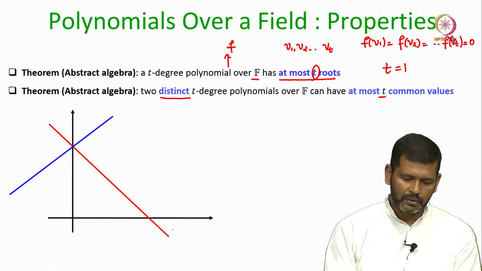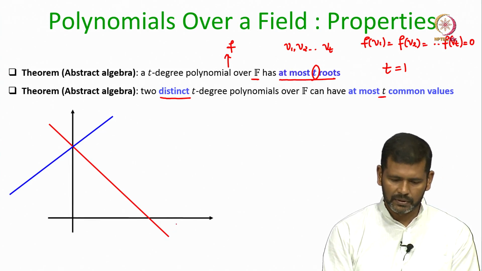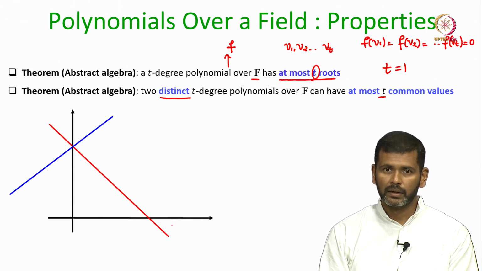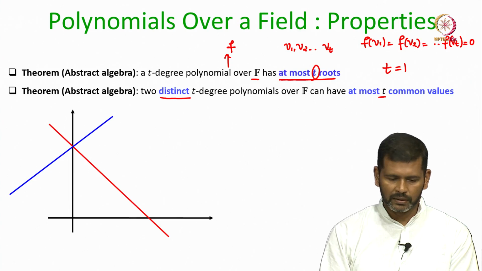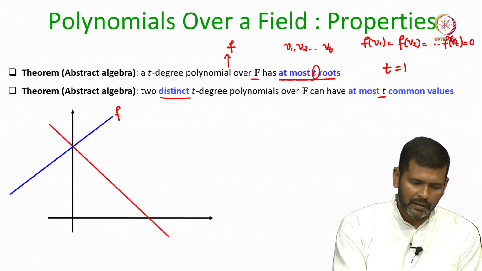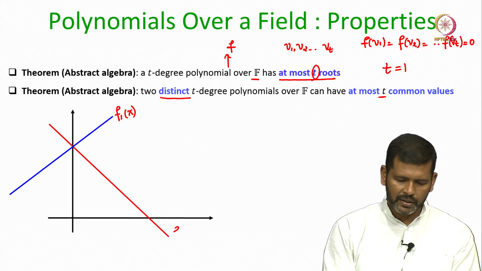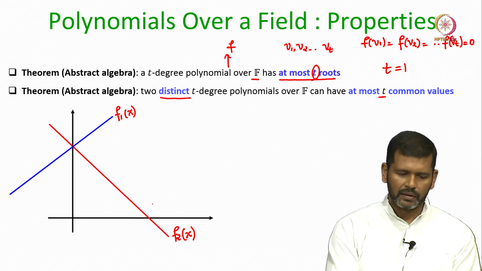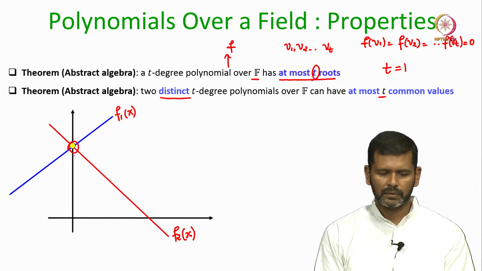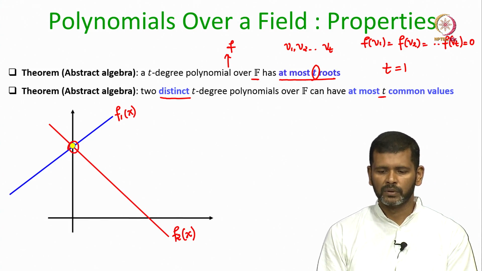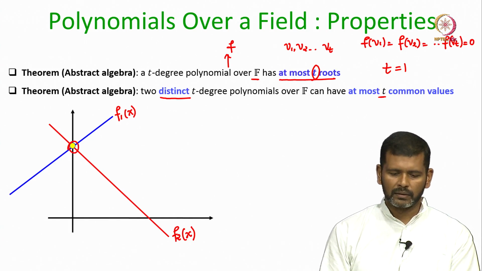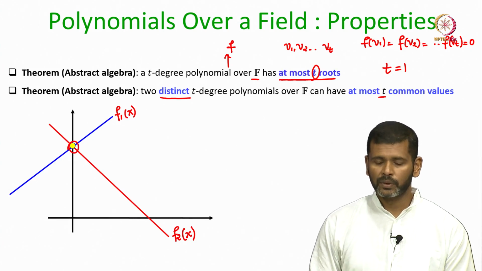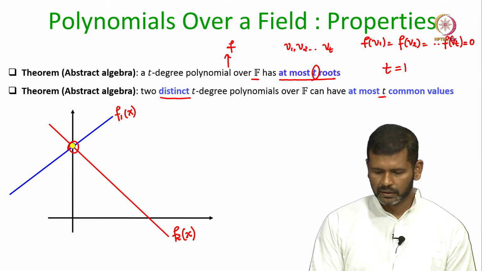If I take two straight lines which correspond to two different polynomials of degree 1, say f1 of x and f2 of x, they will have only one common point lying on both of them. This is for t equal to 1, but in general we can prove this result for any t.